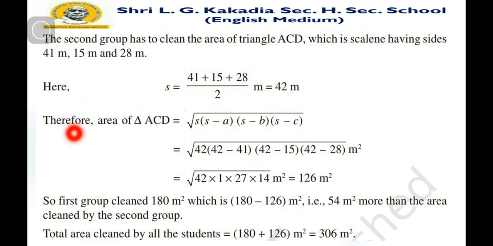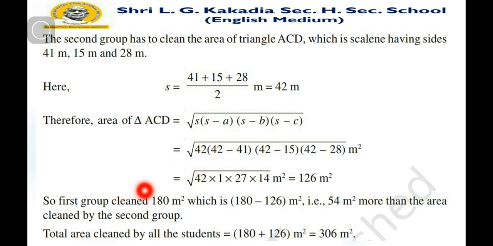So by Heron's formula, the area of triangle ACD is equal to square root of s into (s minus a), (s minus b), (s minus c), that is 42 into (42 minus 41), (42 minus 15), (42 minus 28). So hence we can find 126 meter square as the area of ACD cleaned by the second group.